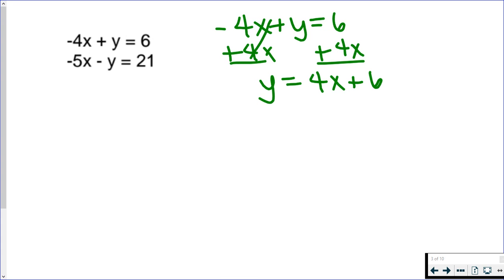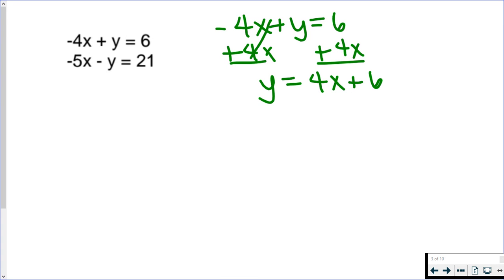So adding 4x to the other side would give me y equals 4x plus 6, and now I have y by itself. The reason I went with the first equation is because the second equation has a minus y, which means it would take 2 steps to get y by itself, because the second step would be getting rid of that negative sign. However, you can use the second equation if you wanted to.